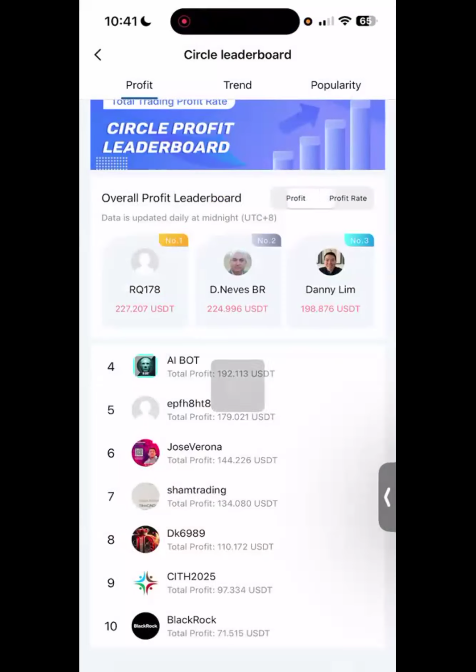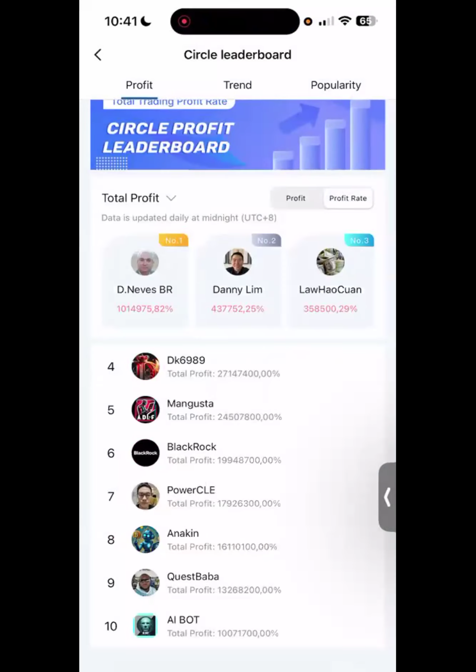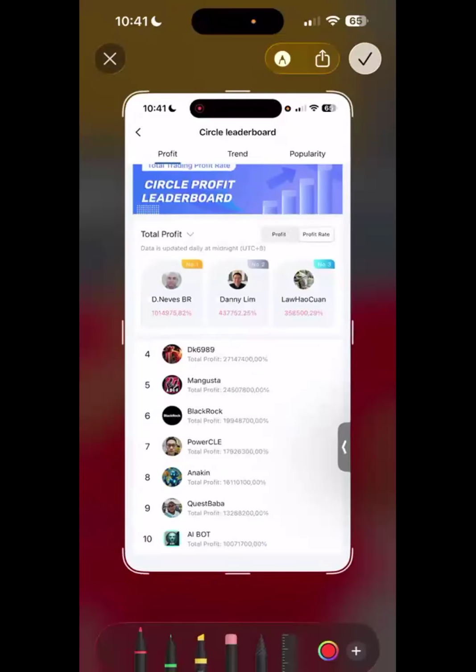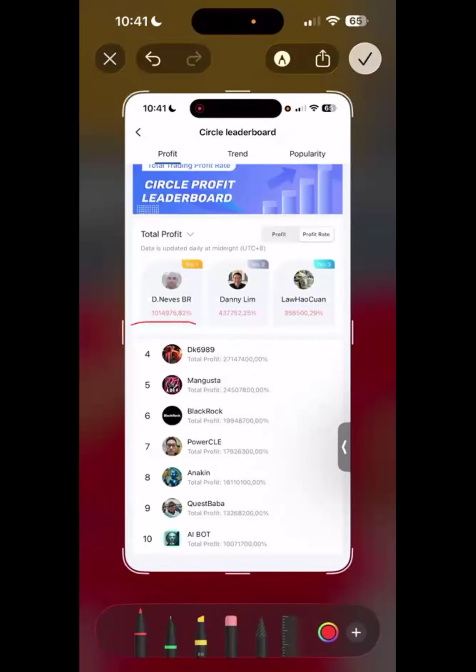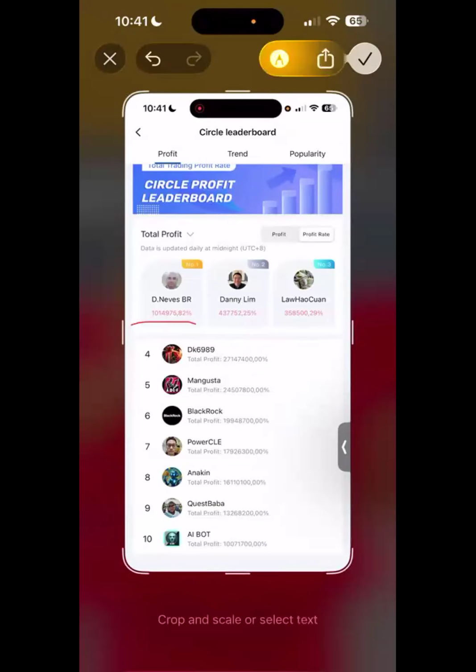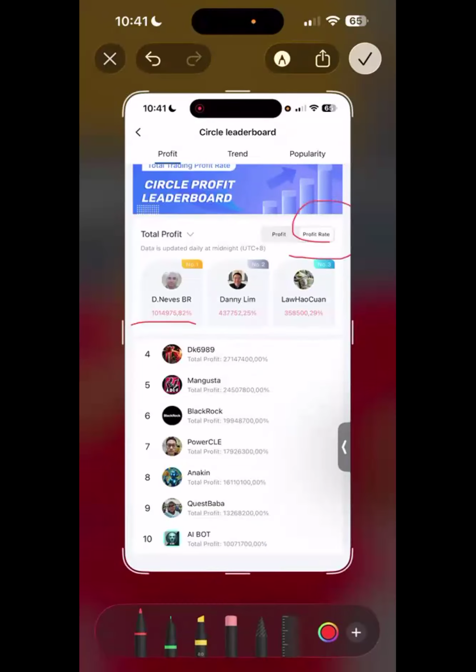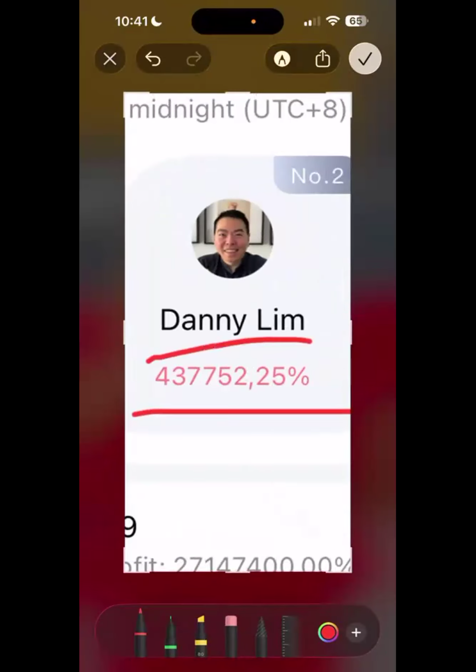Now let us switch to profit rate. If you want to see how much they've made percentage-wise, you'll be able to see it through the profit rate. Okay. So in percentage, imagine you are earning 408. That's a lot. 437,752%.